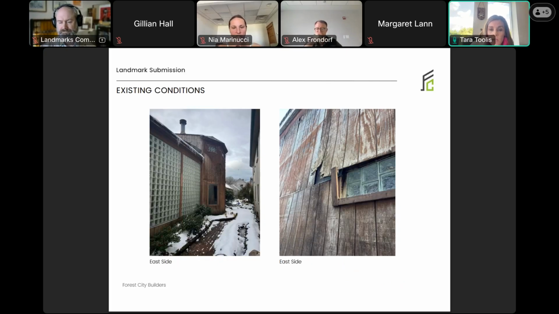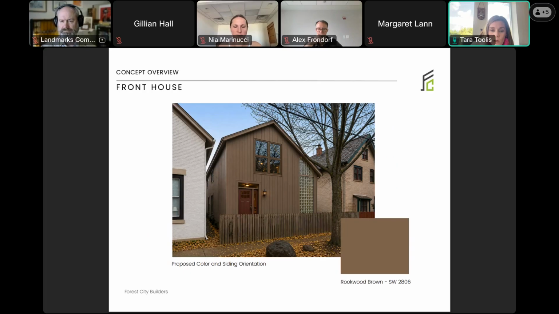If you click to the next one, it shows a rendering of the proposed color and the vertical siding as well. This one shows the glass block that's existing.